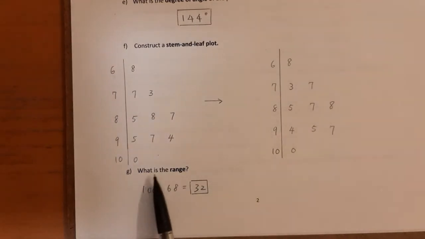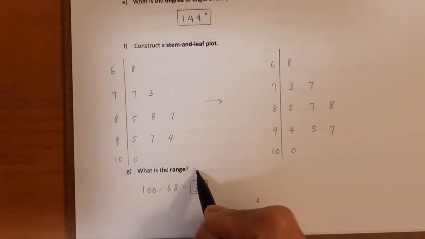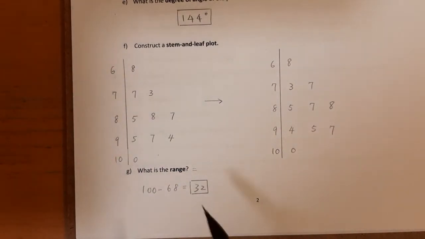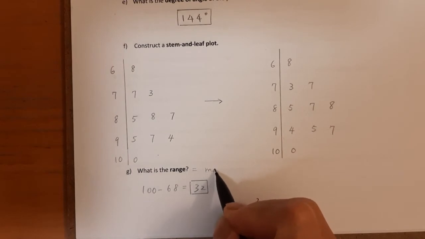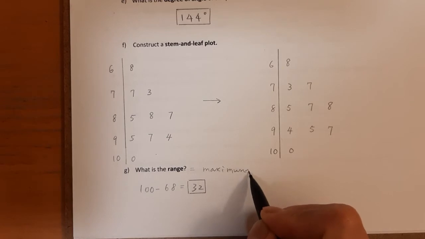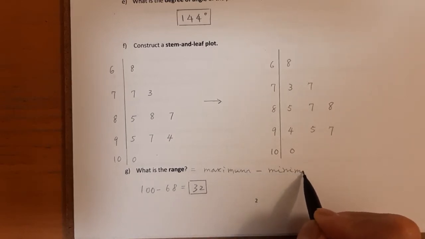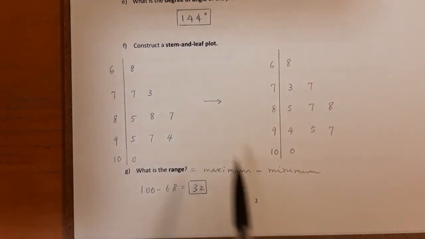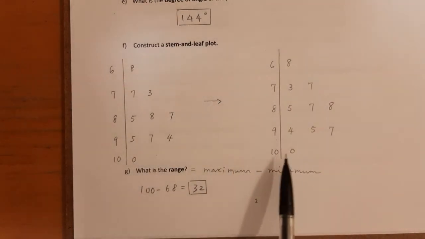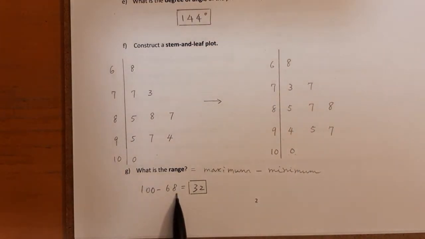G. What is the range? Range is equal to the maximum minus the minimum. For these numbers, the maximum is 100. The minimum is 68. Subtracting, 32 is the range.